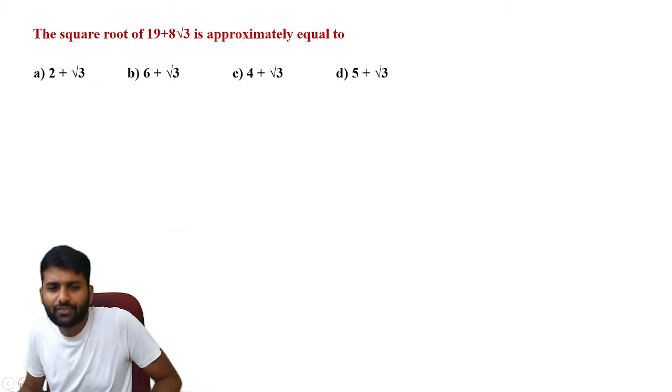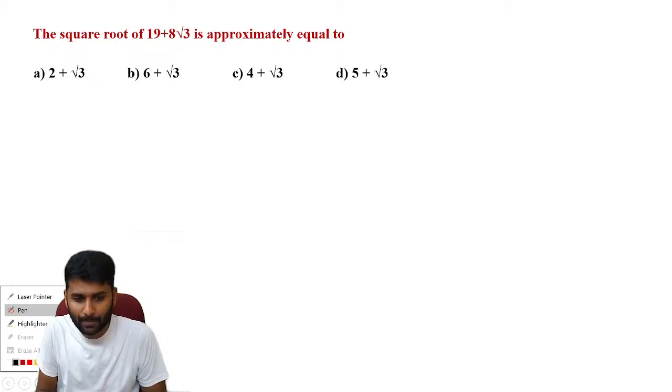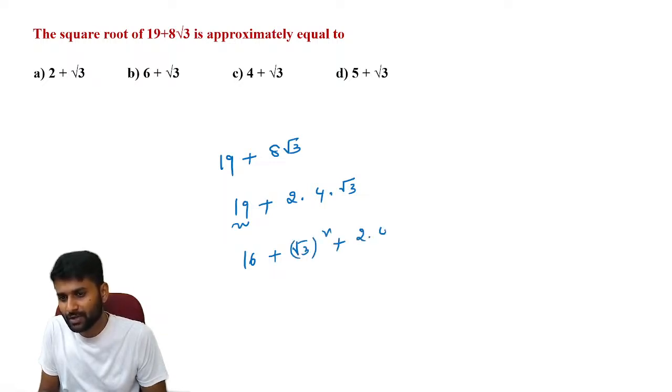Now here the question: the square root of 19 plus 8 root 3 is approximately equal to. Guys, see, first focus on that 8 root 3. Can I take it as 2 into 4 into root 3? So can I take 19 as 16 plus 3, that is 4 square plus root 3 square, plus 2 into 4 into root 3?